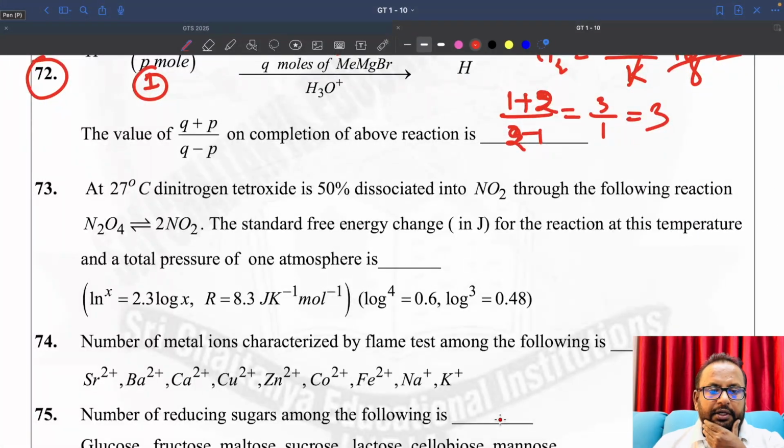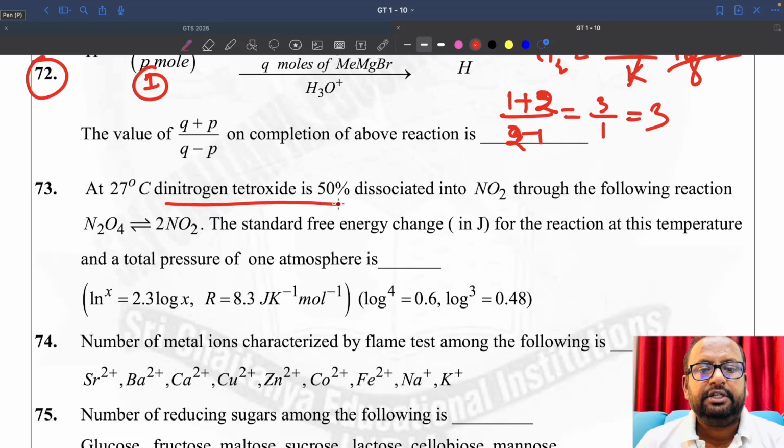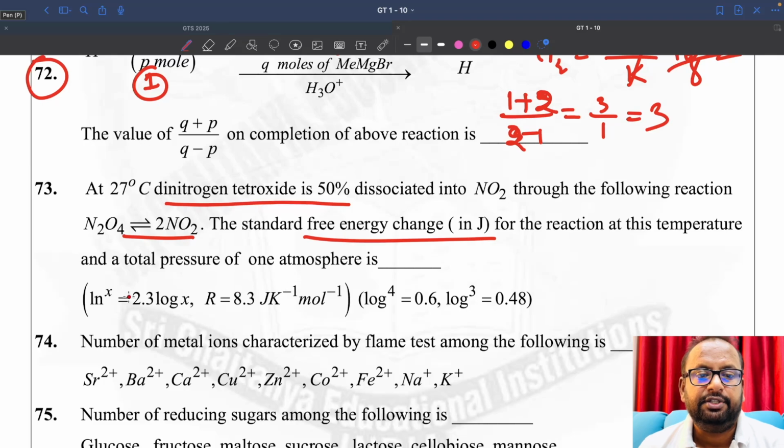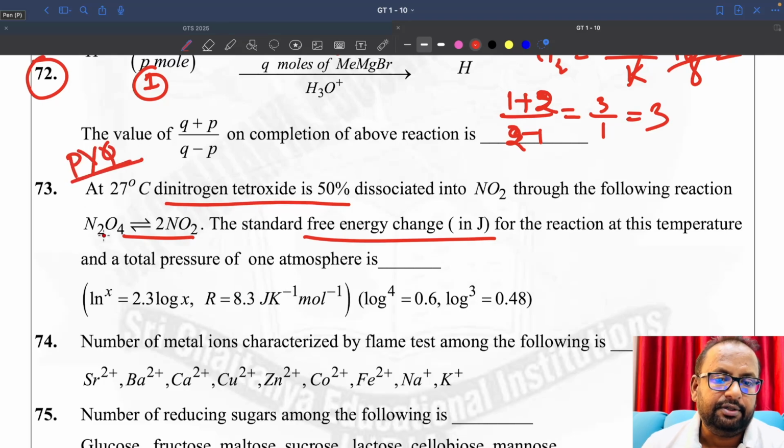Yeah, next one. At 27 degrees C, dinitrogen tetroxide is 50% dissociated into NO2 through the following reaction. The standard Gibbs free energy is, this is also a PYQ, a previously asked question. So it is going to be 0.5 according to 1 minus 50%. This is going to be 1. So these are the pressures.